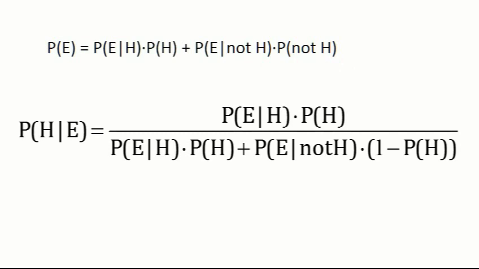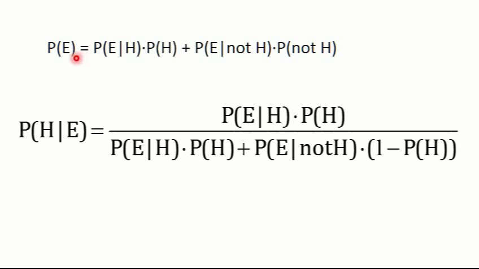When it is false, we say that not H is true, where the probability of not H must be equal to 1 minus the probability of H. For example, if the probability that H is true is 70%, the probability that it is false is 30%.